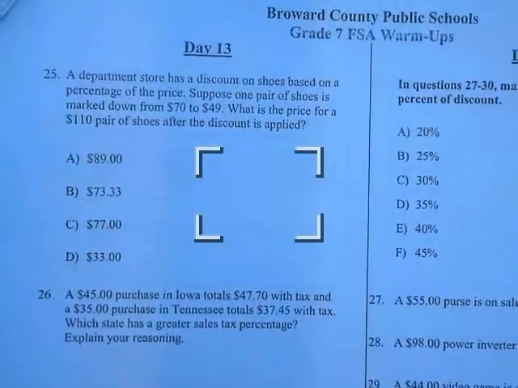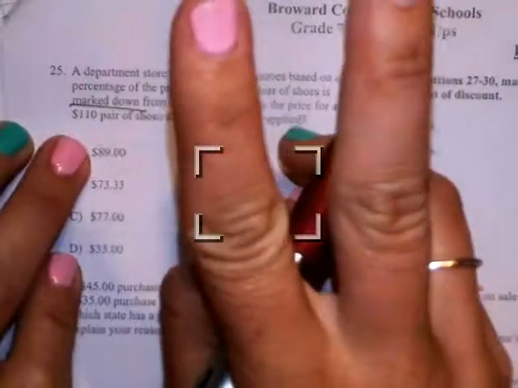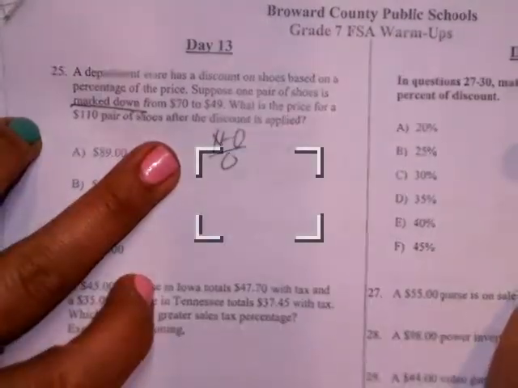25. The department store has a discount on shoes based on percentage of the price. Suppose one pair of shoes is marked down from 70 to 49. What is the price of a pair of shoes after the discount is applied? Two-step problem here. First, you need to do new minus old over old.